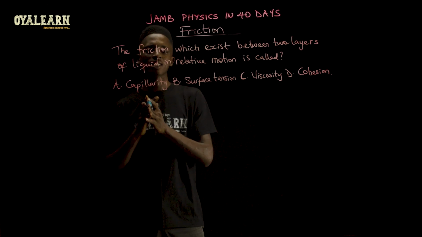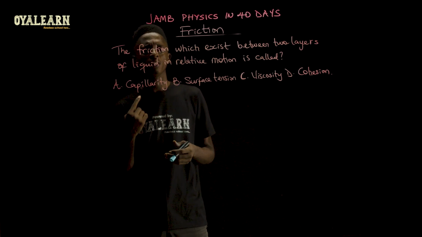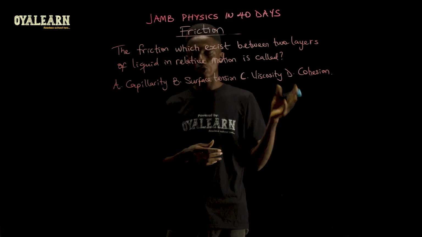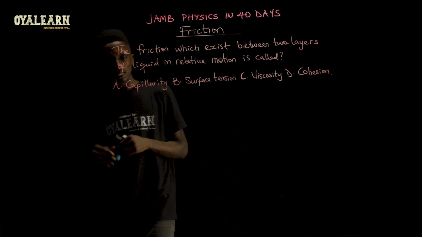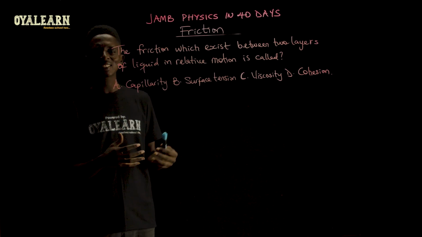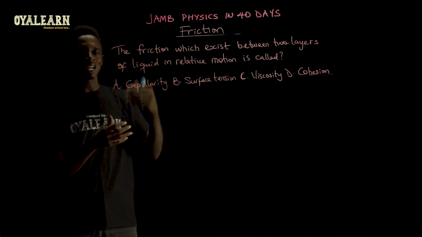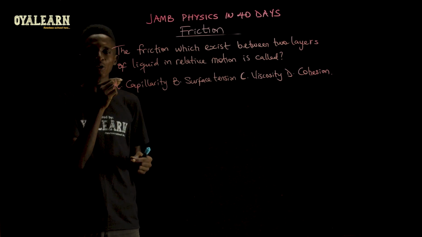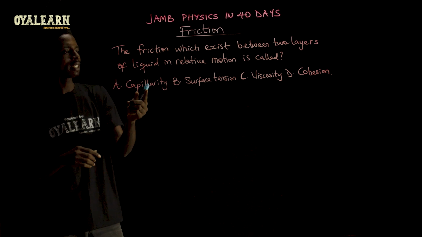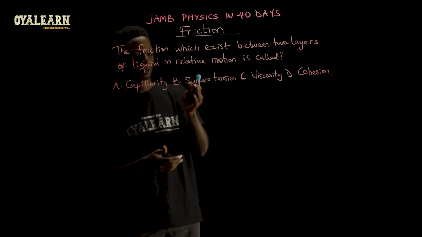This question says, the friction which exists between two layers of liquids in relative motion is called. Now, when we consider the options provided, capillarity defines the tendency of a fluid to either move upwards or downwards a narrow tube. So in this case, it does not define what we have in the question, so it is knocked off.